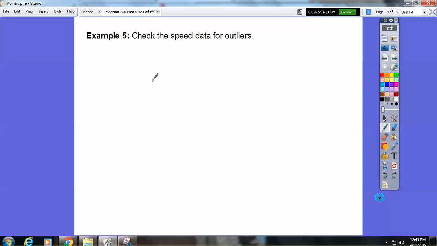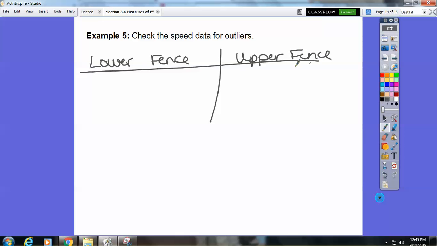If we are looking at our set with all 15 speeds, we have to find our lower and upper fence. The lower fence is quartile 1 minus 1.5 times the interquartile range.